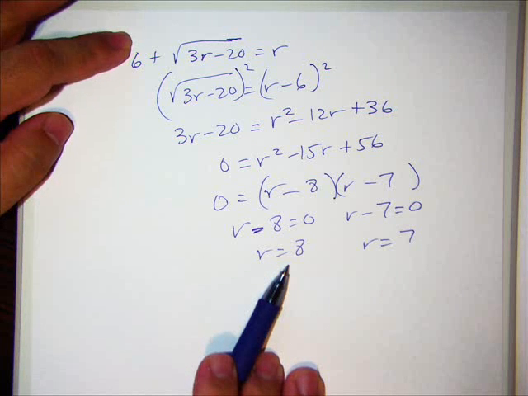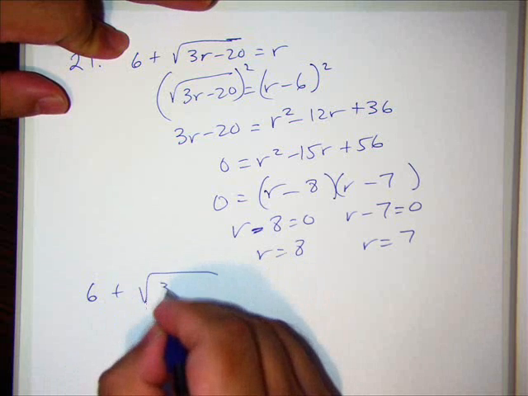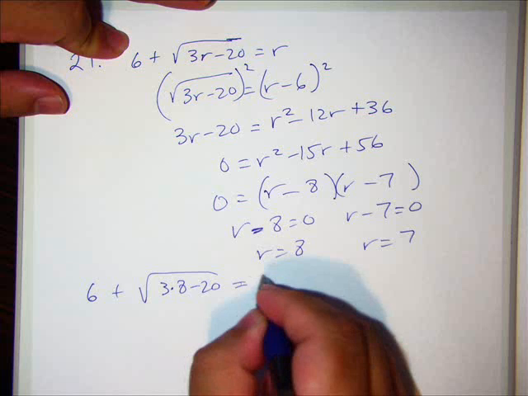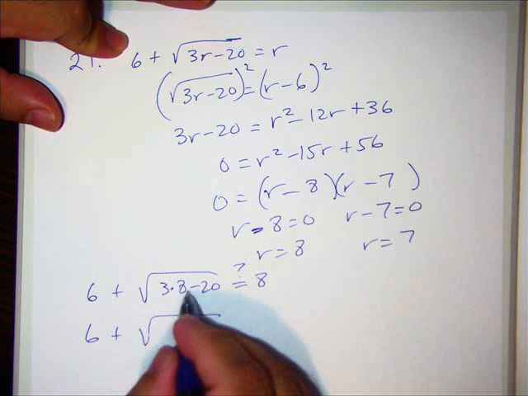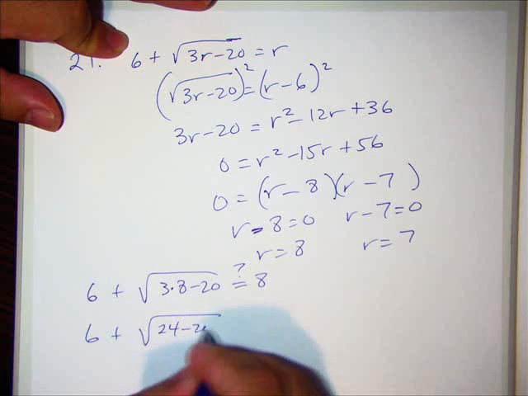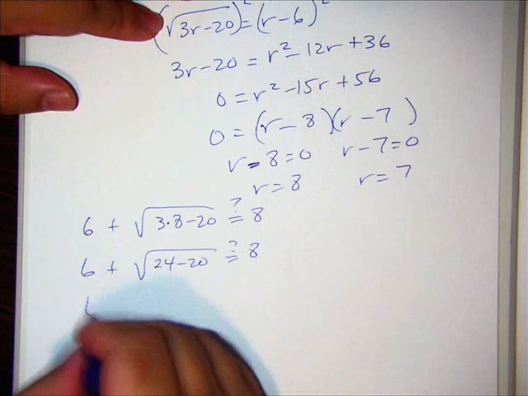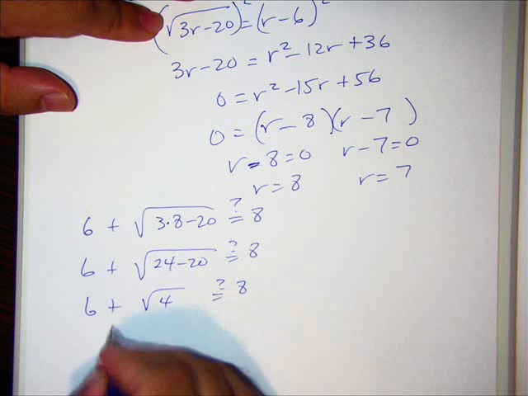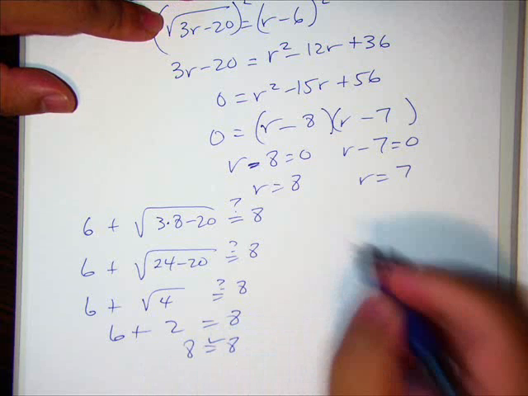Plug it in to the original problem. So 6 plus square root of 3 times 8 minus 20. Is that equal to 8? That's 24 minus 20, so that's 4. Square root of 4 is 2. Yep, 8 equals 8.